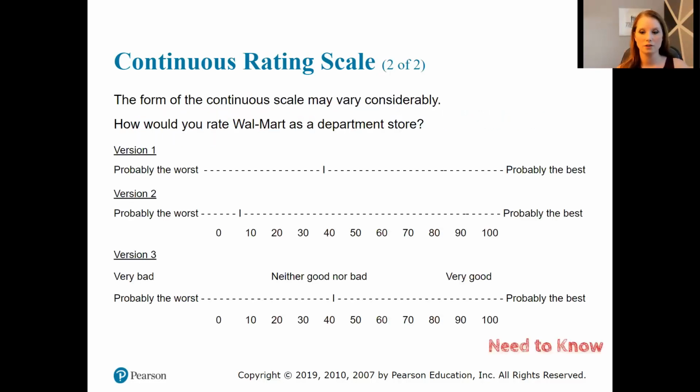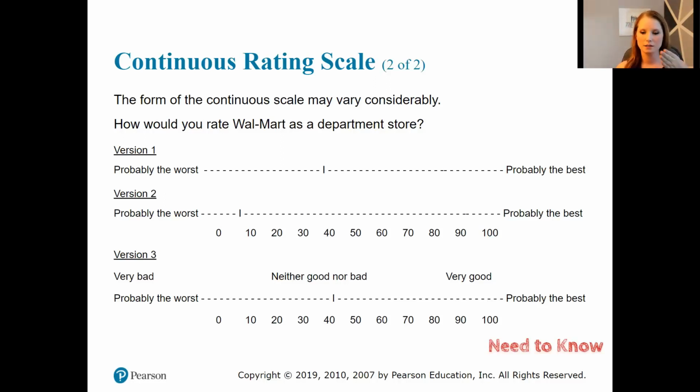So here's a couple of examples. Here we have, how would you rate Walmart as a department store? So we could say probably we're going to look at worst to best. So probably the worst to probably the best. Okay. And then we could just leave it as a line and they could pick between those two.